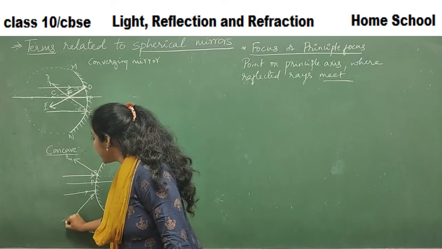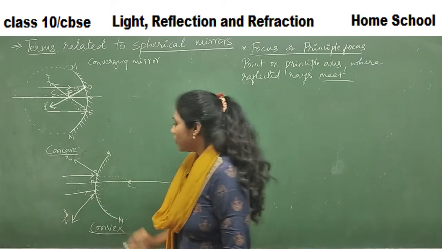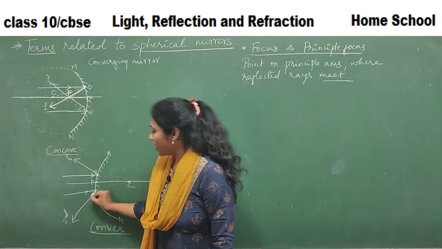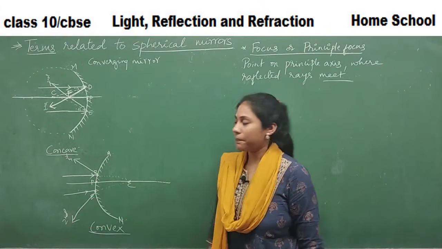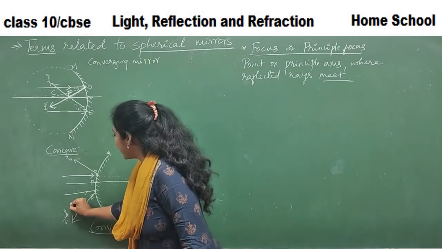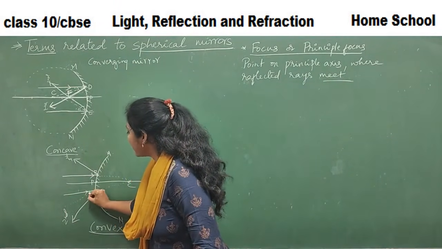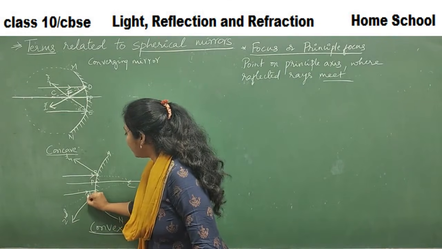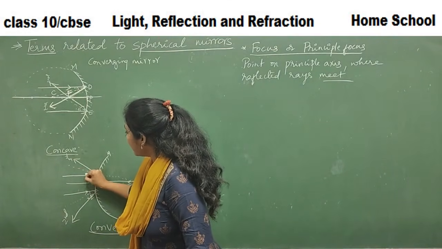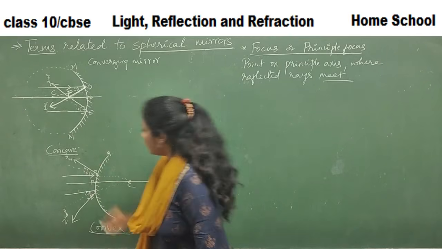This is my second reflected ray. Like this, it has struck the surface and reflected back. Let me extend this normal to here. This is the angle of incidence, and this is the angle of reflection. Let me extend this normal as well, showing the angle of incidence and the angle of reflection.